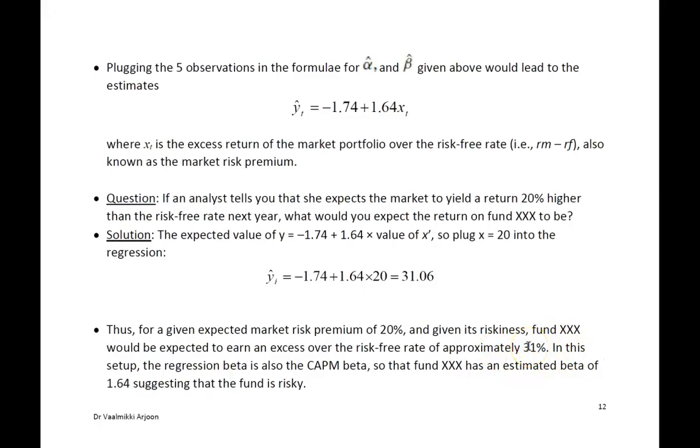So when you have a market risk premium of 20%, it means that fund triple X is going to earn an excess over the risk-free rate, meaning the portfolio risk premium.